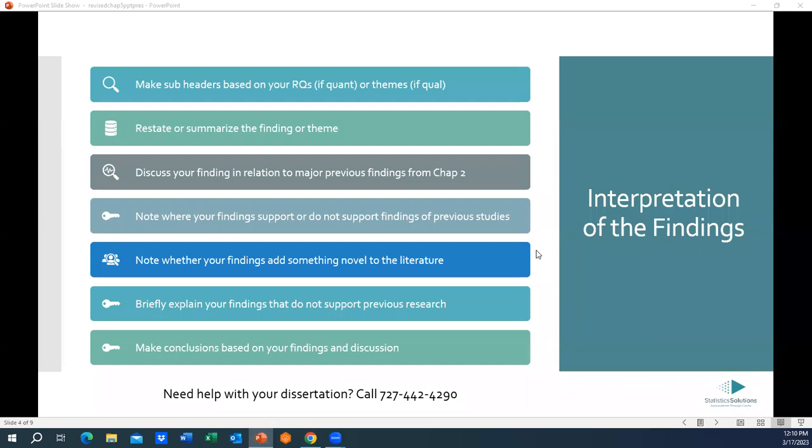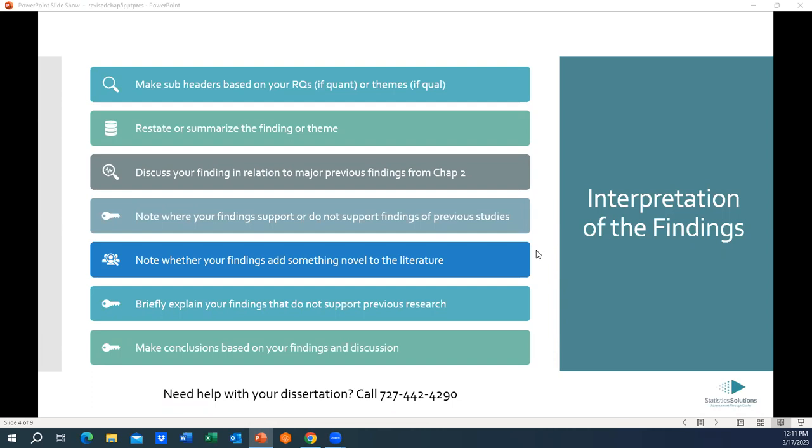If your findings diverge or they don't support previous research, that's okay. It still tells us something. Sometimes people get disheartened when they think, I didn't find what I was expecting to find, or it doesn't support previous research, and that's perfectly fine. That's what you're conducting a study for, to see what you get, and that still tells us something.